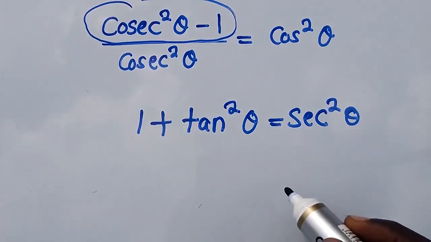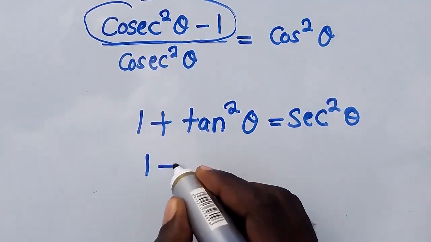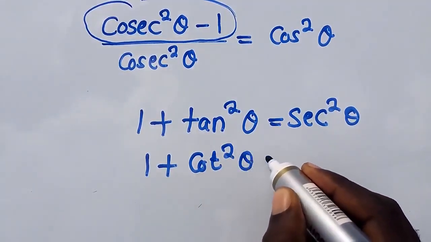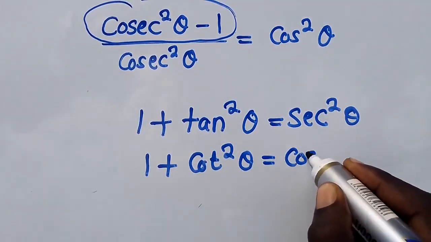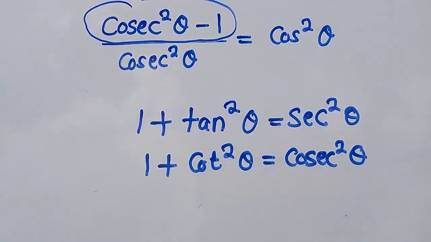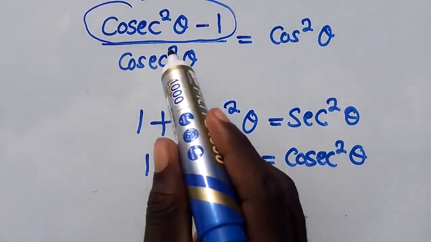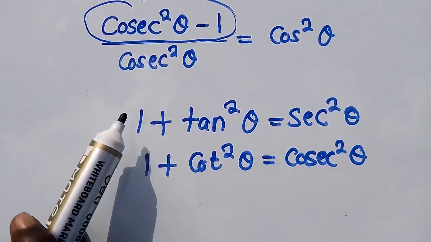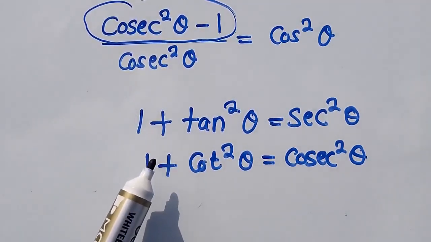This is the first identity. The other one is 1 plus cot squared theta is equal to cosec squared theta, like this. Have you seen? So in this case, when you look at the expression on top, these are the two identities that are going to help us in this question.